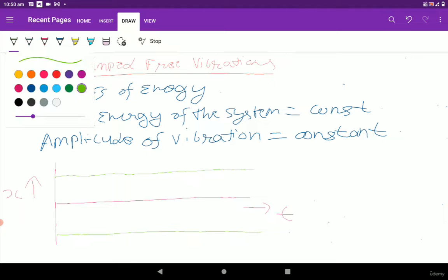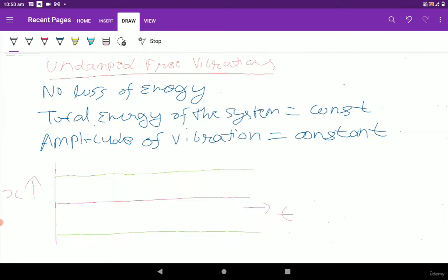In case of undamped vibration, the amplitude doesn't vary. So it will look something like this, with constant x displacement.